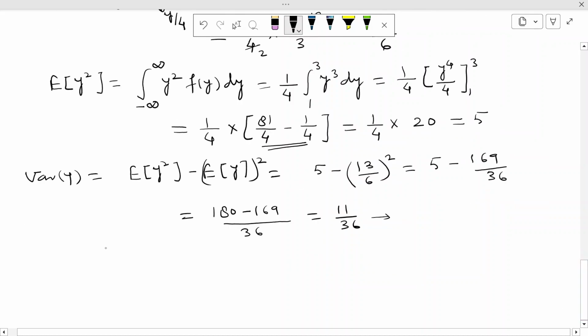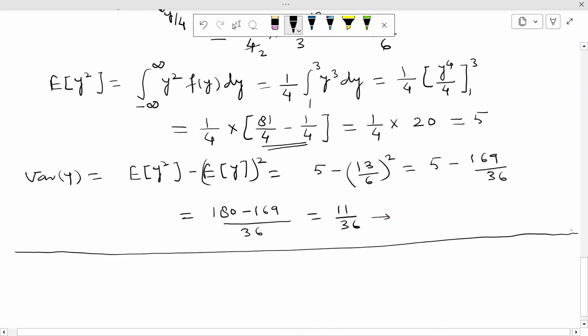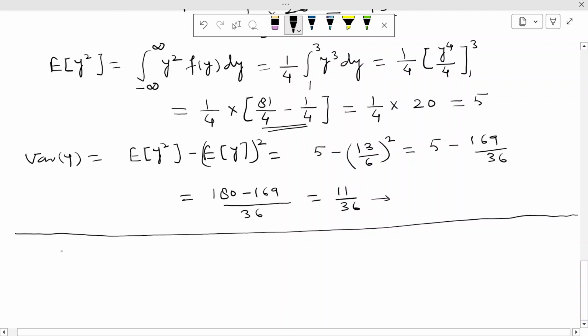Okay, now next we will find out the joint expectation. The joint expectation means expectation of xy. So here we have to use our joint PDF itself. Now this is the double integral, and again I am writing first the general definition.